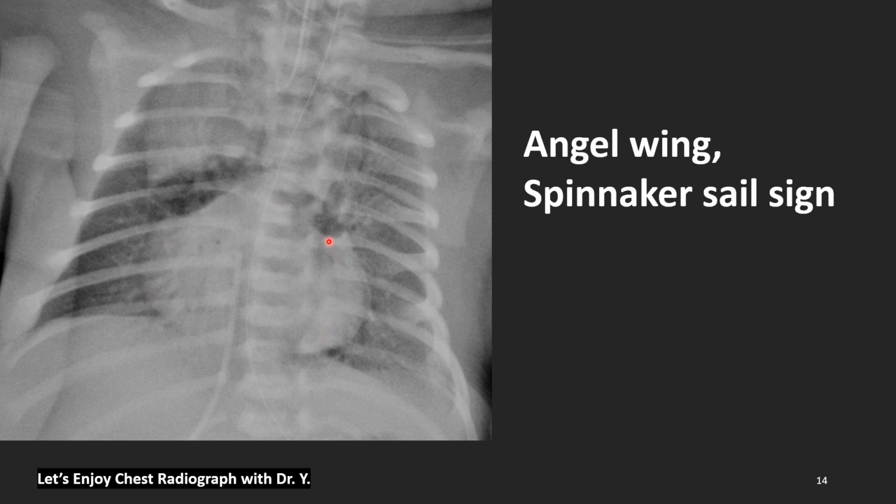So it looks like the spinnaker sail sign, or sometimes we call this the angel wing sign. The air in the mediastinum pushes the thymus upward, so it looks like an angel wing. This is a typical pneumomediastinum of a premature baby with RDS.